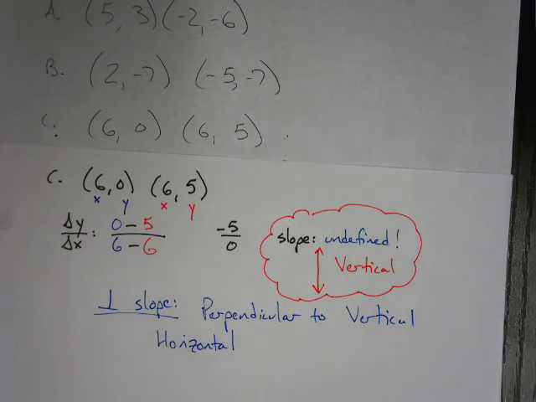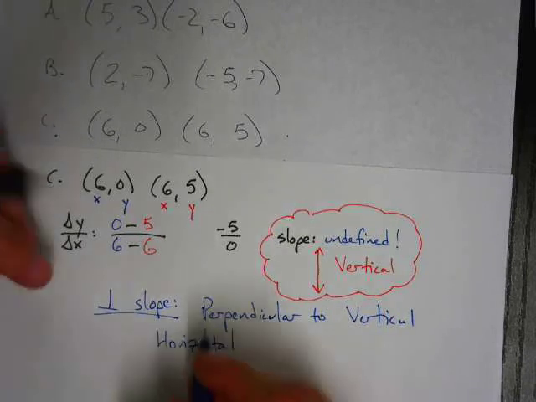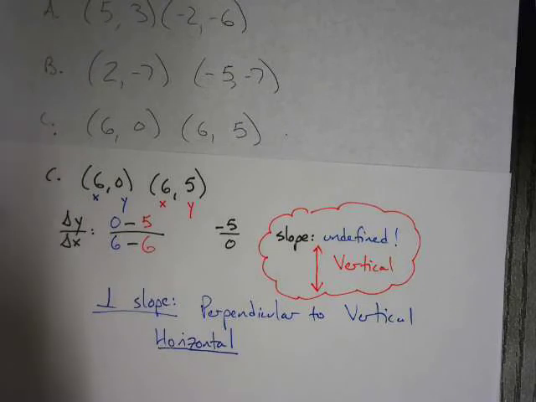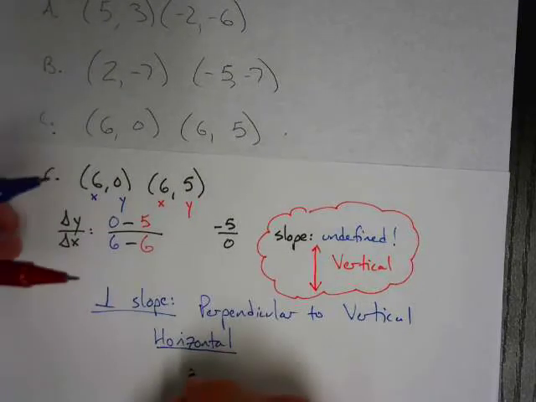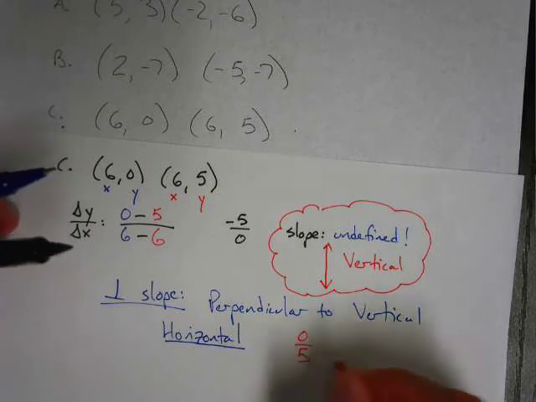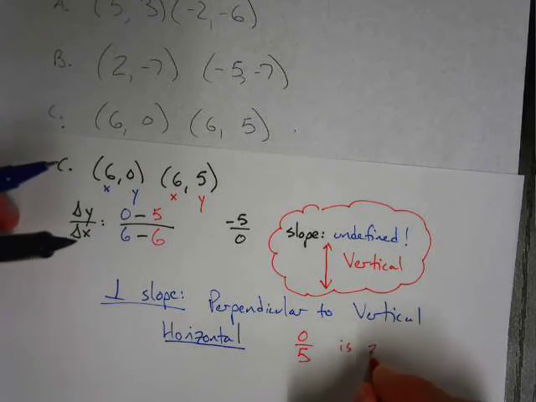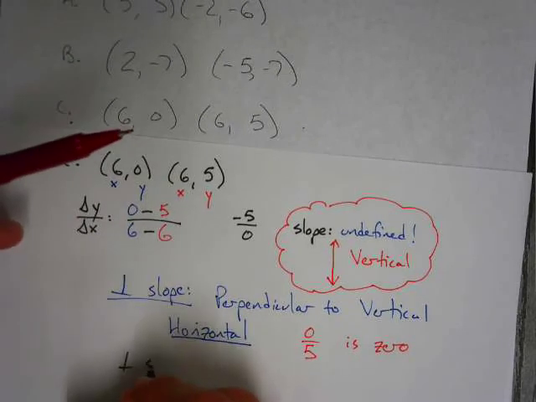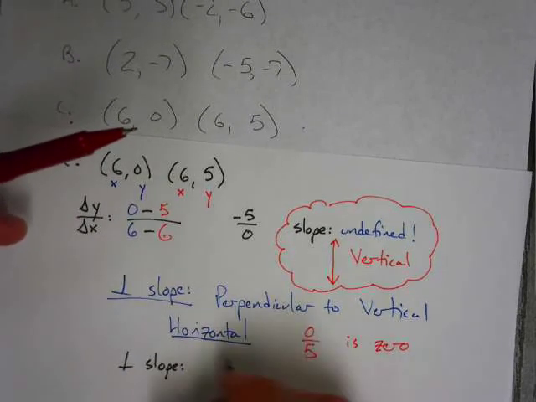Isn't that what we just discovered in the previous example? Perpendicular to -5/0, flip it, change the sign, is then 0/5, which is 0. That means the perpendicular slope then is 0.